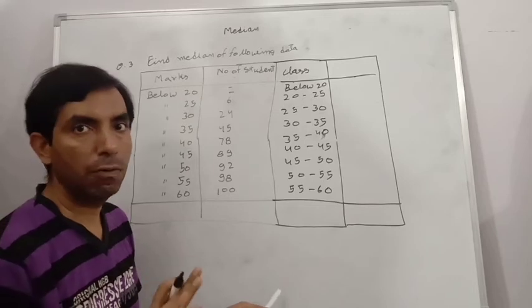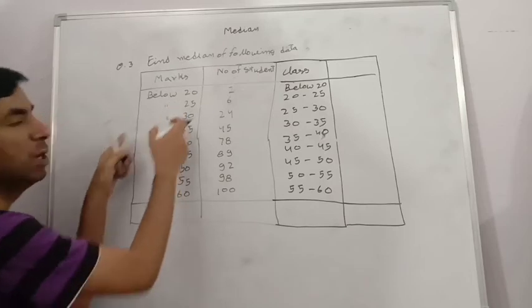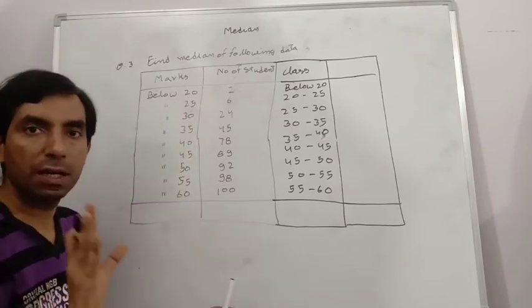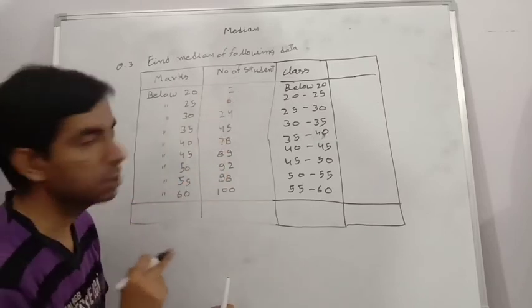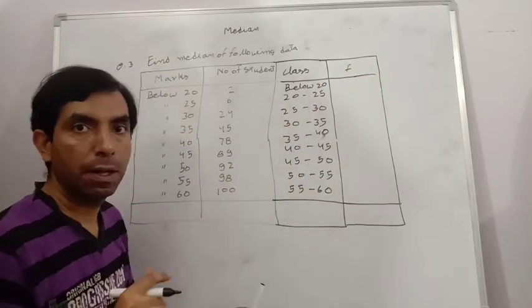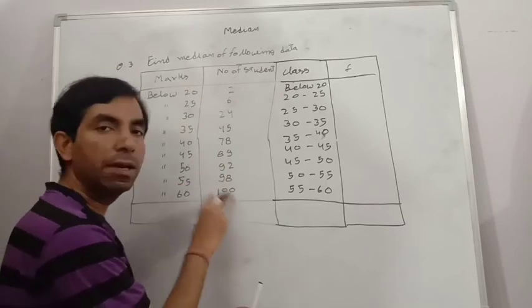So now we have calculated the class interval from below 20, below 25, below 35. Now we have to find the frequency by this number. If it is more than, then the lower point values are on the downside.